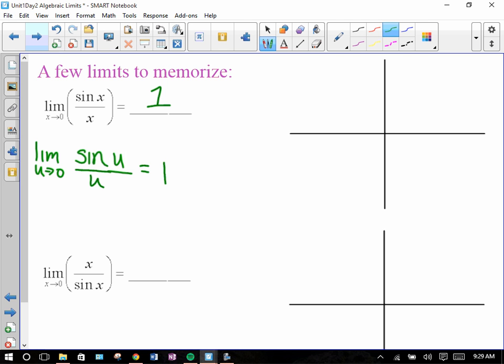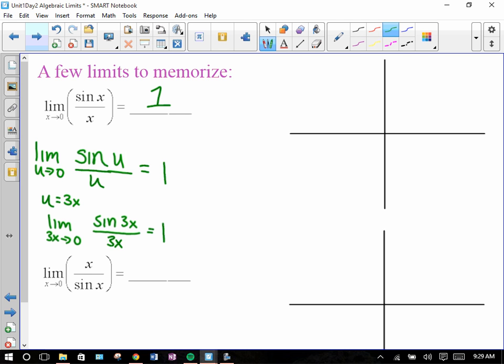Okay? And the key here is if you have sine u over u, where u is, someone tell me what you want u to be. Let's say u is equal to 3x. Then we've got the limit as 3x approaches 0 of sine of 3x over 3x, which equals 1.